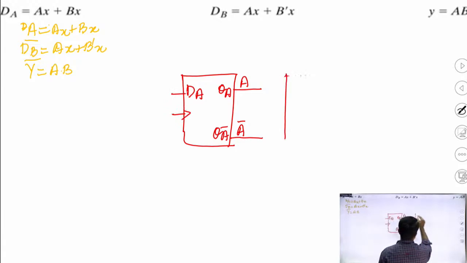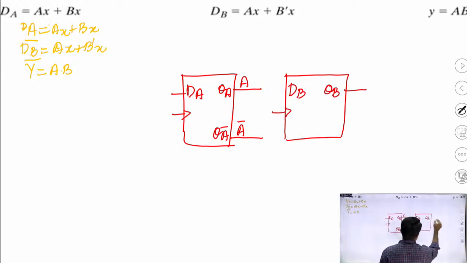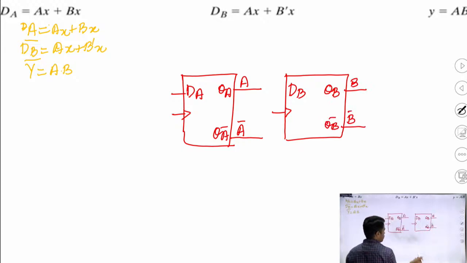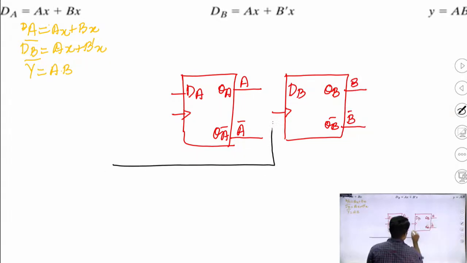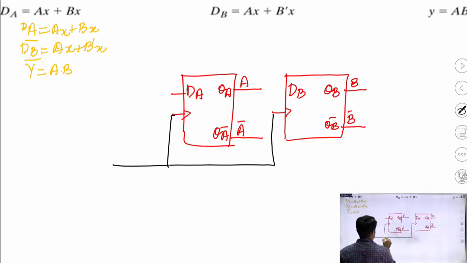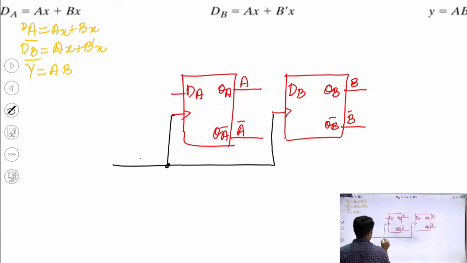Another D flip flop, DB, clock, QB acting as B, QB bar acting as B bar. As it is a synchronous circuit, the clock must be common, so preparing the clock connection. Okay, so this is the synchronous mode connection.